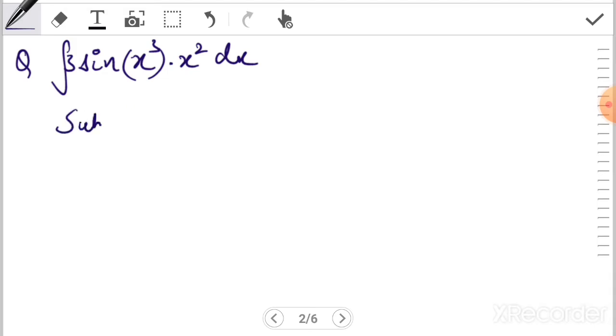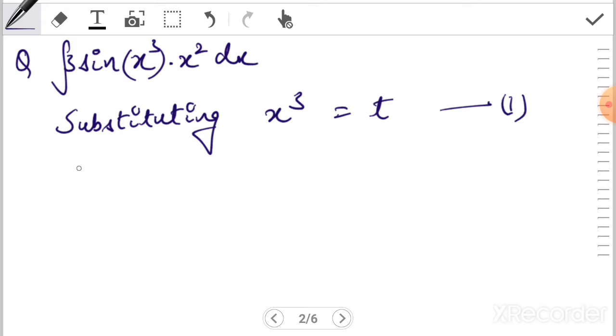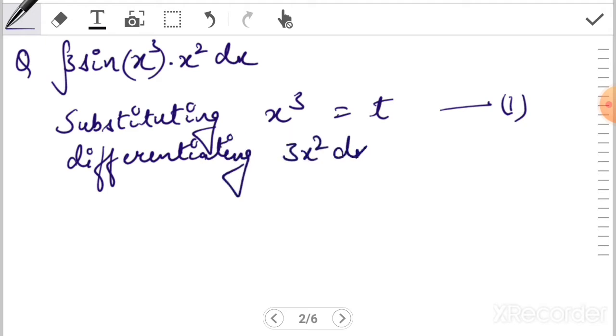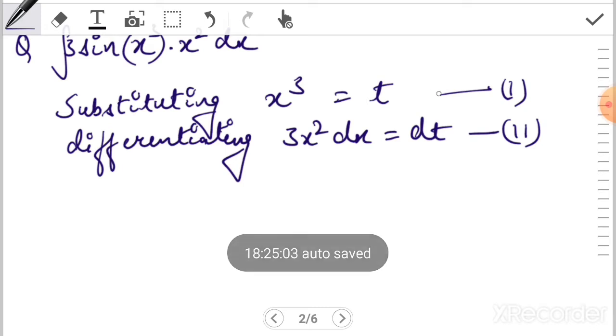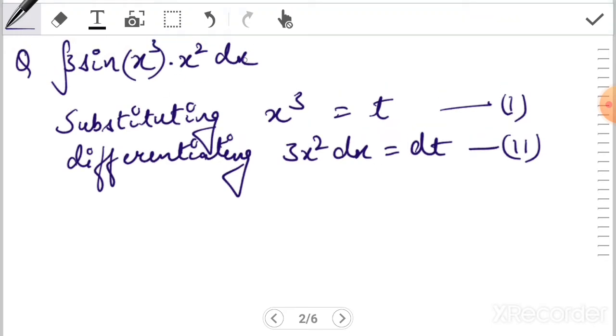So substituting x cube as t, say equation 1. Now differentiating, 3x square dx is equal to dt. Now substitute the value of x cube and 3x square dx is equal to dt in the given problem.